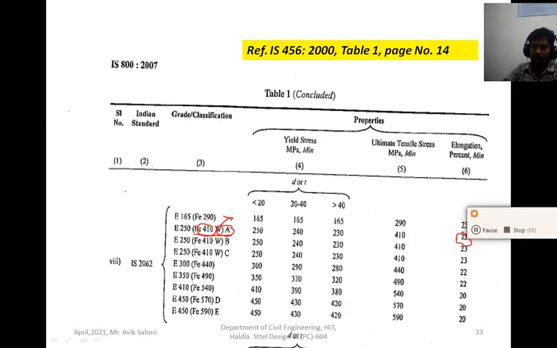To resist this type of impact forces as well as lateral forces, steel should be more ductile, then the efficiency to withstand load is better.